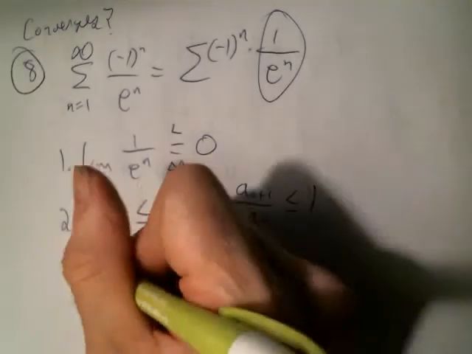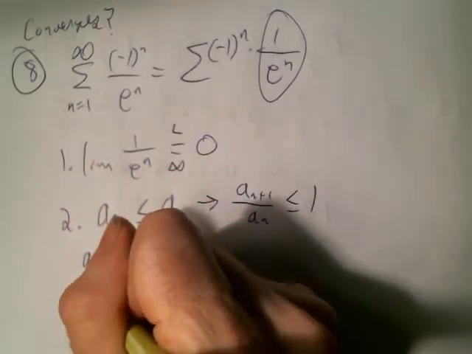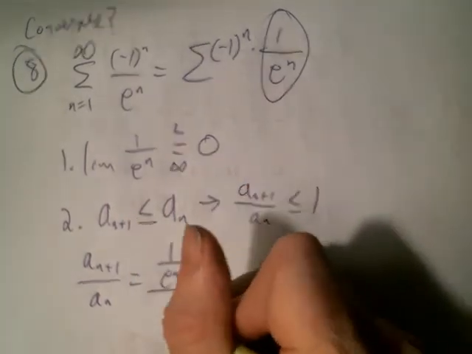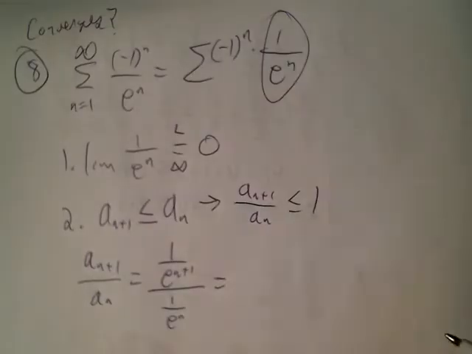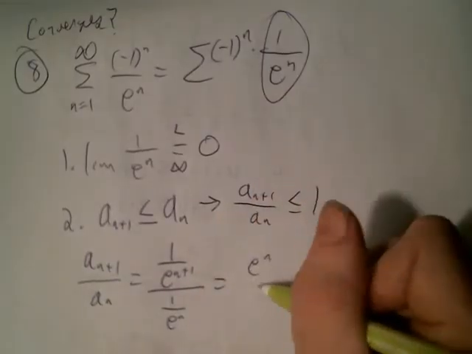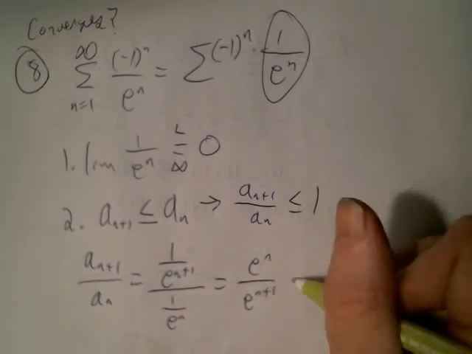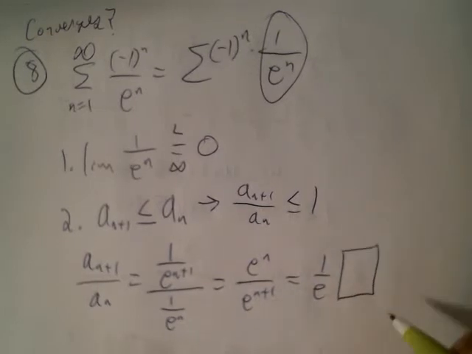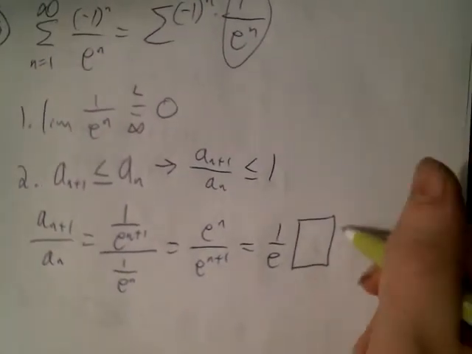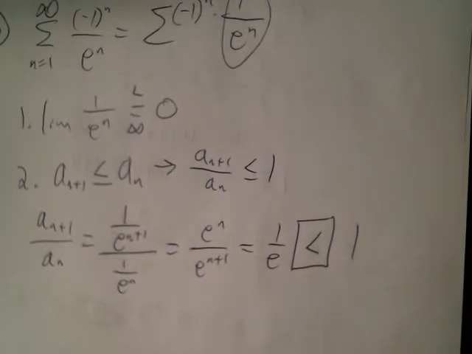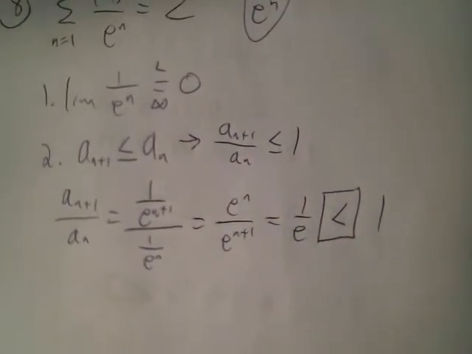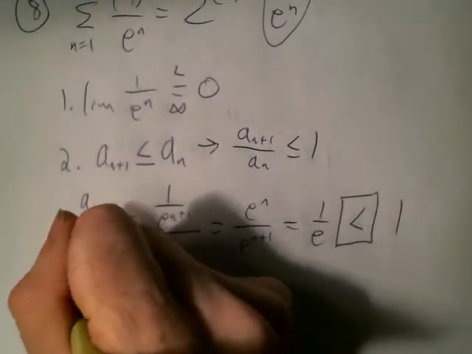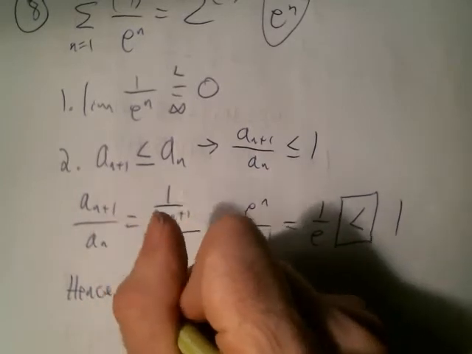So you take a look at that expression, a sub n plus 1 all over a sub n, that's equal to 1 all over e to the n plus 1 all over 1 all over e to the n. And if you multiply that out, you get e to the n all over e to the n plus 1, which is, by rules of exponents, 1 all over e. And e is around 3, so 1/3 is definitely less than 1. So that proves it's strictly decreasing in this case. Okay, so it's definitely convergent by the alternating series test.